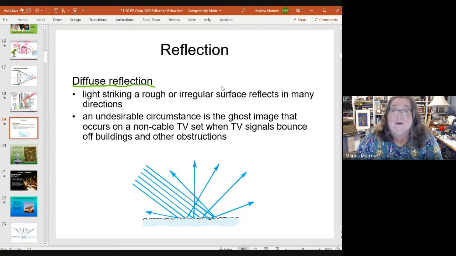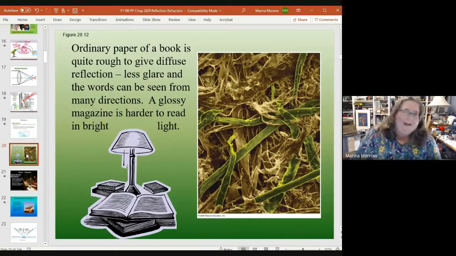Now, they don't have to feel rough to a human, but to a beam of light, it seems rough. So what happens is parallel beams of light will scatter, and then we can see from any direction that certain color. Whereas in a mirror, you have to have your head just the right location to see something.